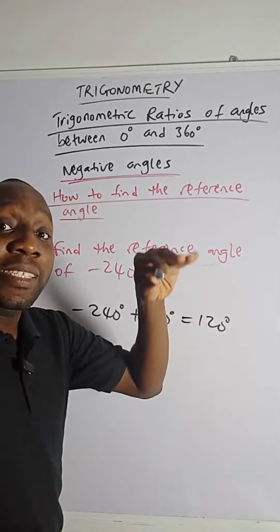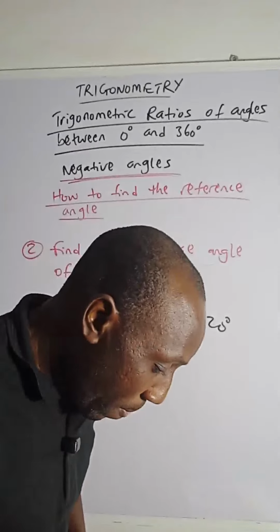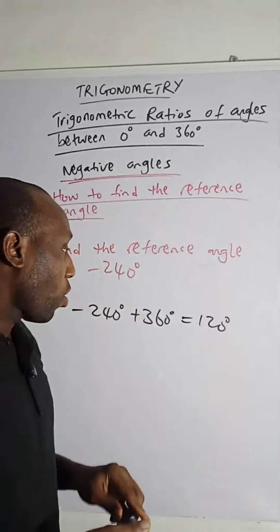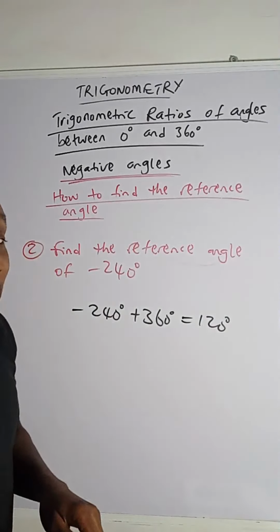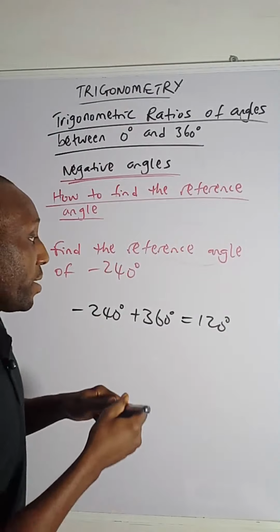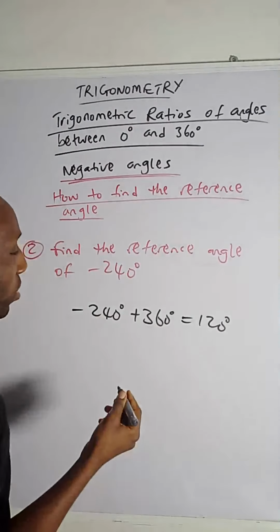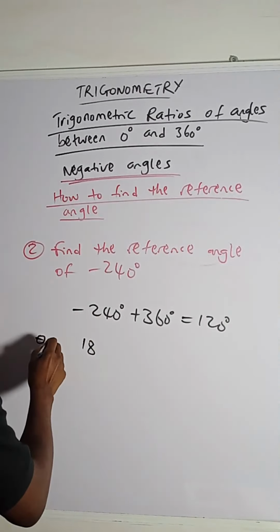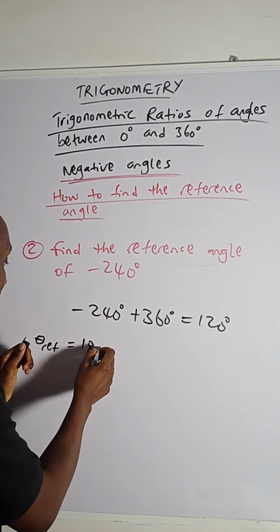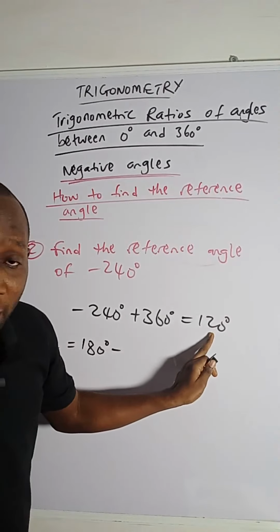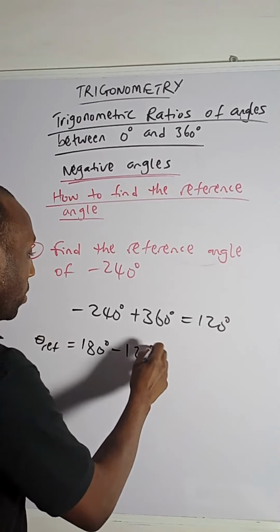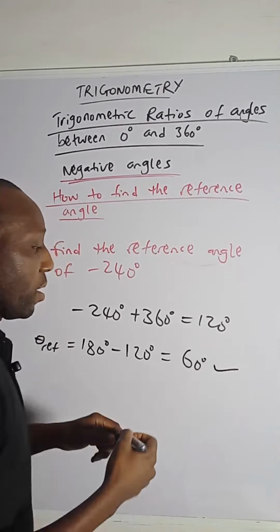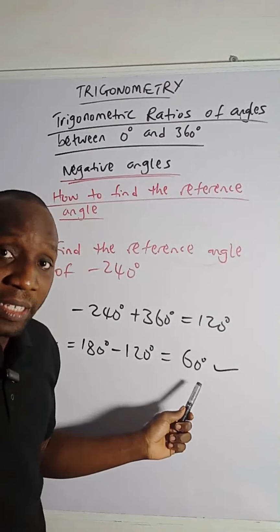So it's the second quadrant. The formula for getting the reference angle in the second quadrant is 180 degrees minus this angle. 180 minus 120 is 60 degrees. So this is the reference angle.